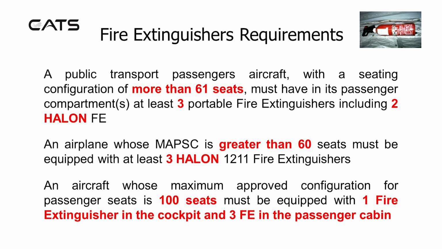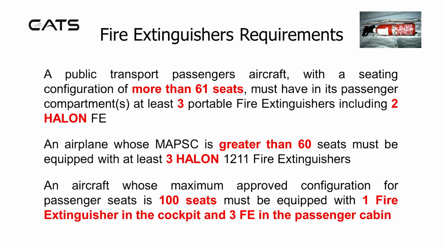A public transport passenger aircraft with a seating configuration of more than 61 seats must have in its passenger compartment at least 3 portable fire extinguishers, which will include 2 halon fire extinguishers. An aeroplane whose maximum authorised passenger seating capacity is greater than 60 must be equipped with at least 3 halon fire extinguishers.